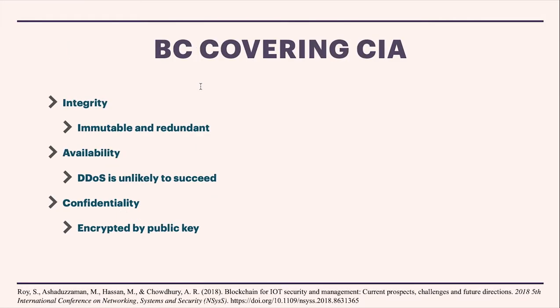Another paper called Blockchain for IoT Security and Management: Current Prospects, Challenges, and Future Directions, proposes that blockchain itself can cover all of CIA. It supports integrity because it's immutable and redundant. It supports availability because a denial of service attack is unlikely to succeed. And it's confidential because of the data encryption by a public key.